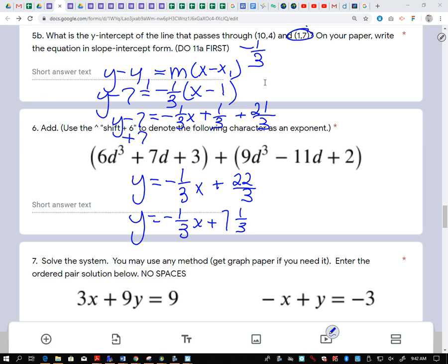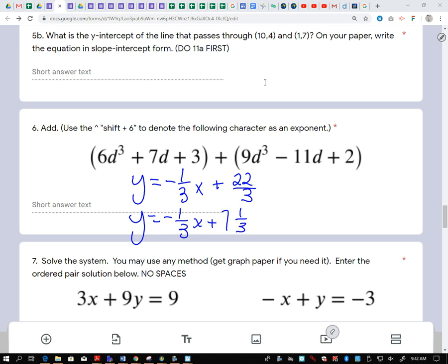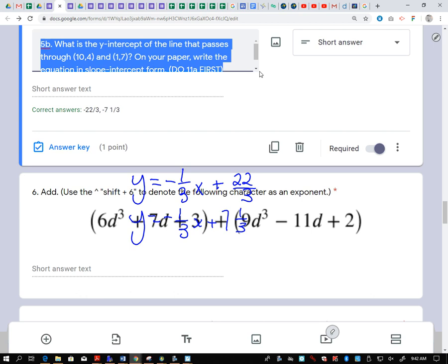All right, so do we have this work written up here somewhere? Okay, I'm going to go ahead and erase this. Okay, and let's see what our answer should be. Negative, hold on, did I mess something up here?